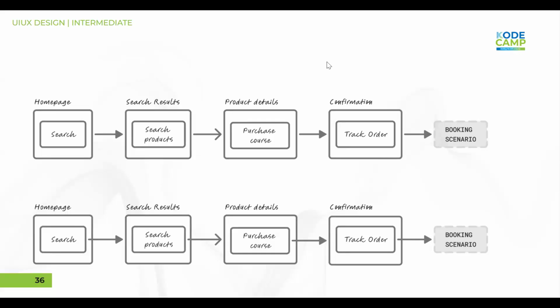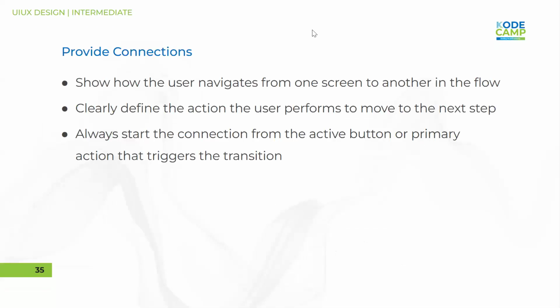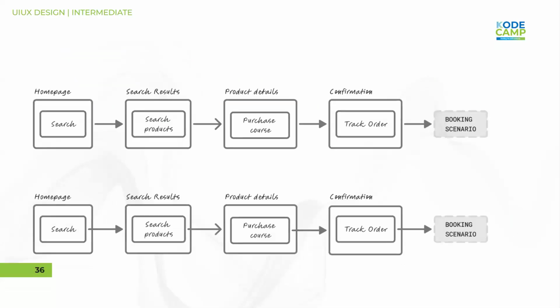So let's go back. We were saying clearly define the action the user performs to move to the next step. So you have to define. If we look here, the first one is not actually showing what users are doing.